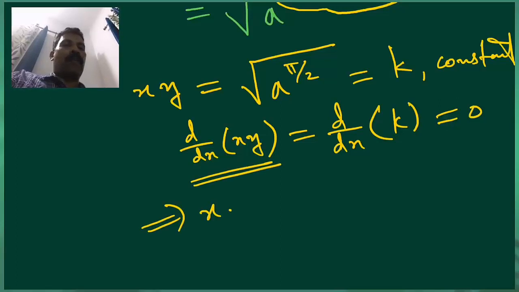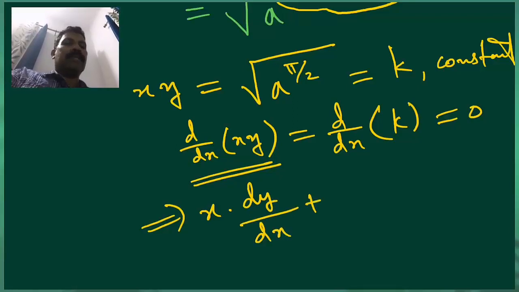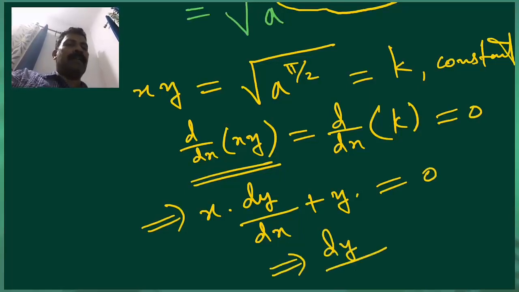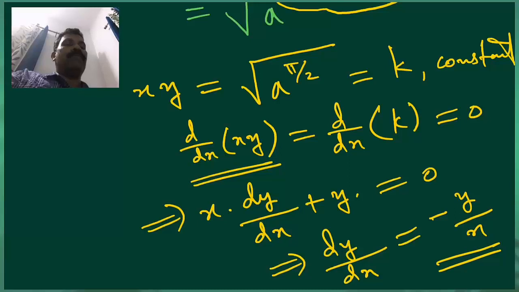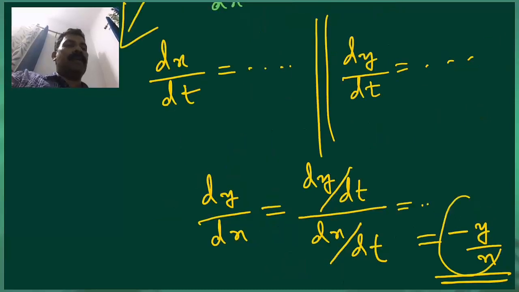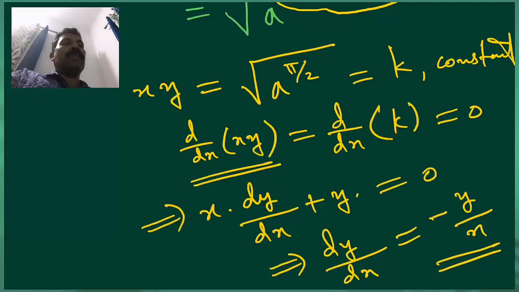First, the product rule we have to apply. First into the derivative of y with respect to x, that is dy by dx, plus second into the derivative of first x, that is 1 only, so we need not write it, and then that is equal to 0. So from which we can easily find dy by dx is equal to negative y by x. The same answer that we obtained in the previous case. So this method will be much more interesting.